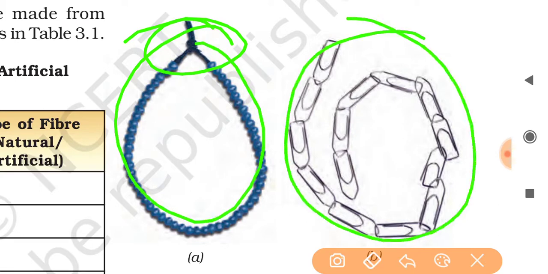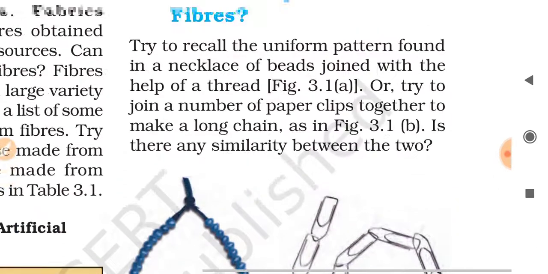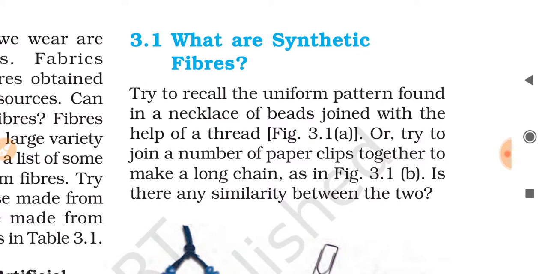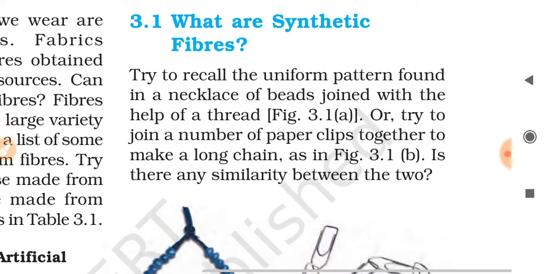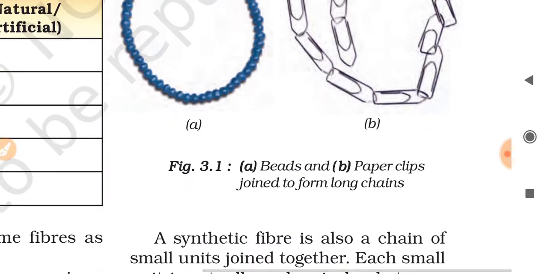Here pins are arranged, and paper clips are joined to form long chains. Try to join a number of paper clips together to make a long chain. Is there any similarity between these two?